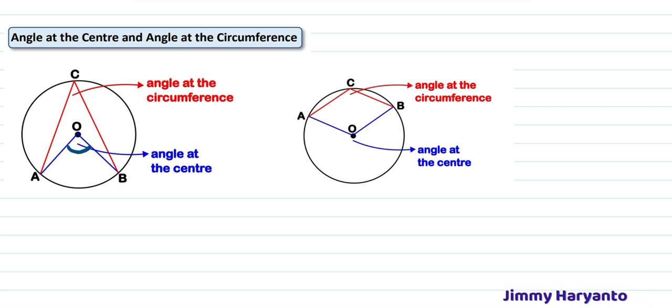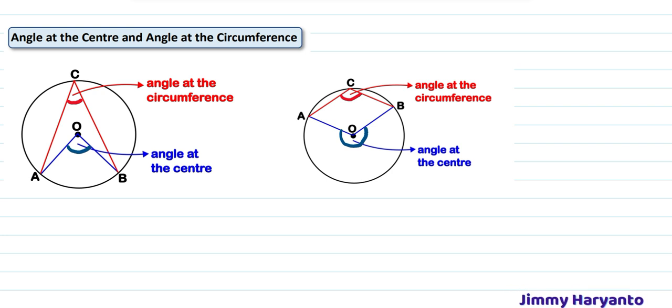Yeah, so the blue one. The angle at the circumference is the angle attached to the circumference of the circle. And then for this one it's also the same, but this one is bigger. This one is the angle at the center, and this one is the angle at the circumference.